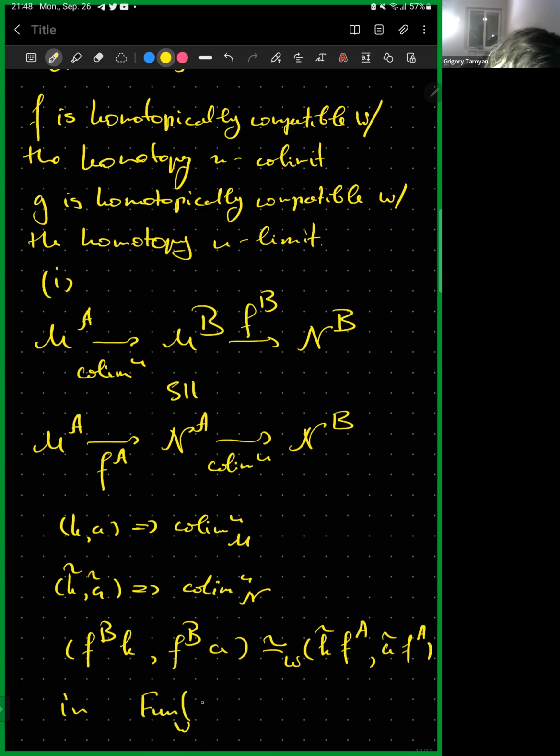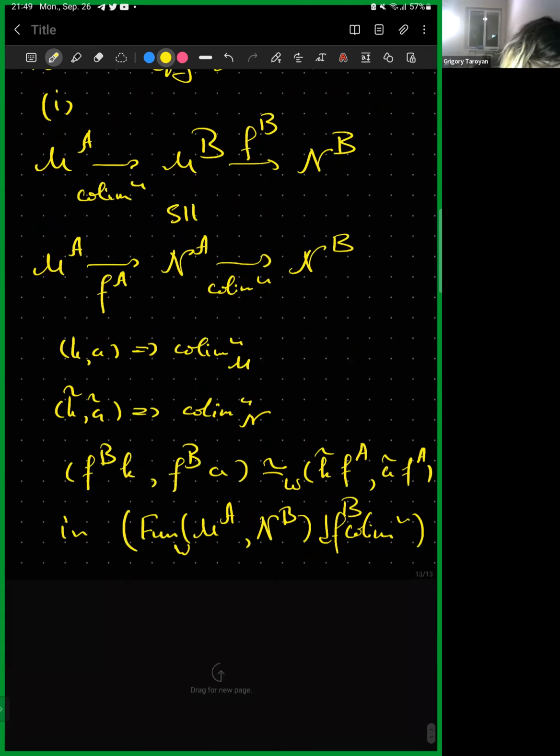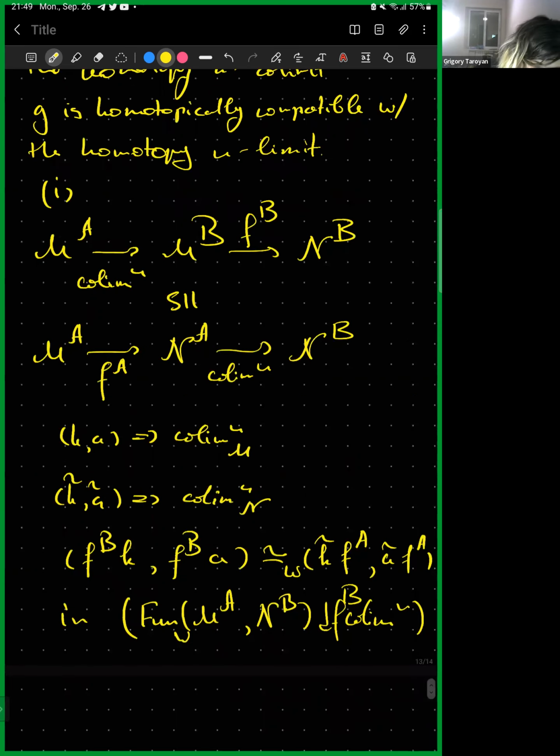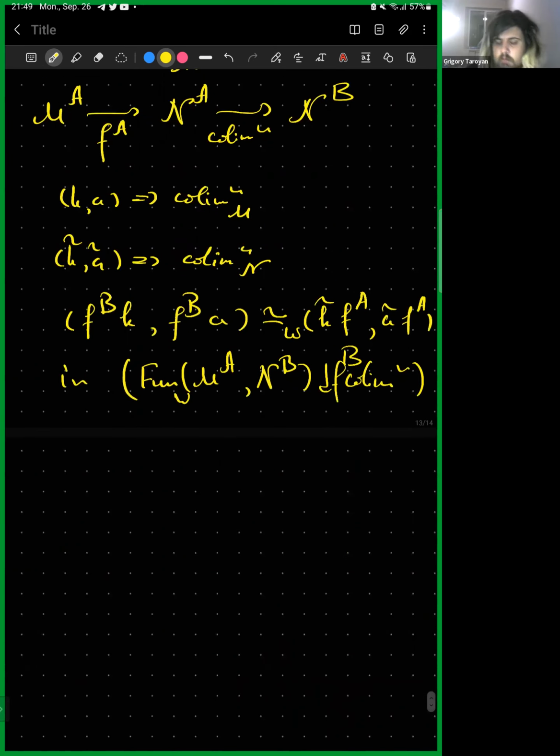So we take all homotopical functors from MA to MB, consider it over colim U, and what we obtain is we consider it over FB colim U, and it turns out that this composition of approximations is in fact an approximation of the composition. So this is the statement about compatibility with equivalent adjunctions.